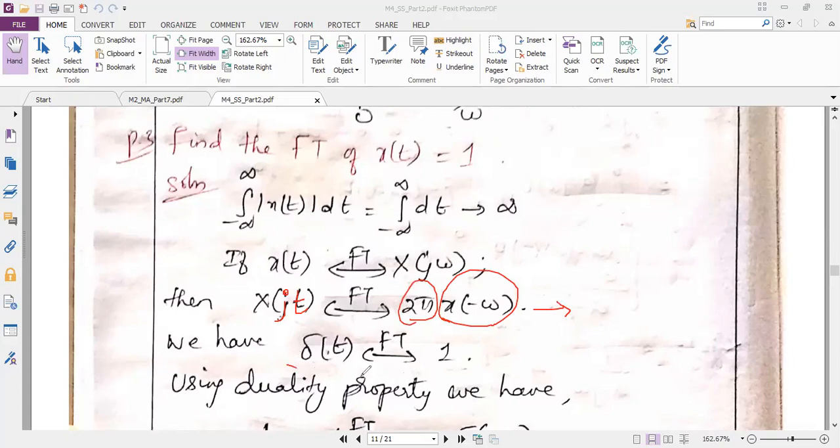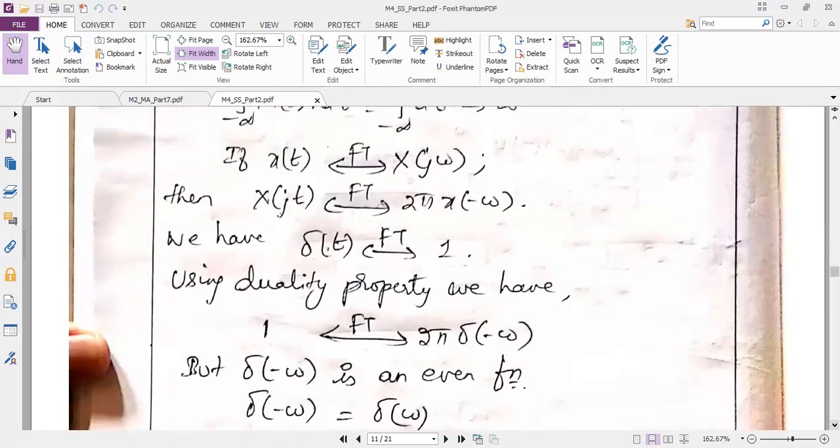And one more thing is, if delta of t is given as the input, then its Fourier transform is equal to 1. So we are using those concepts also. So now I am going to apply the duality property.